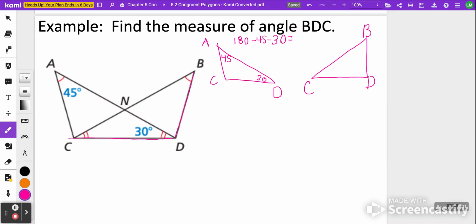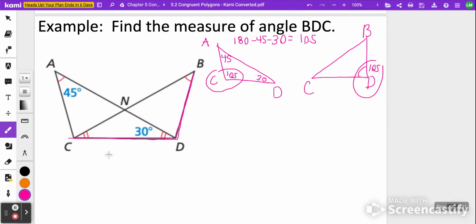So 180, double checking my math here, minus 45 minus 30 is 105. So that means C is 105, which means BDC, which is here, is also 105 because that is in the same corner as it is over here in the first triangle.